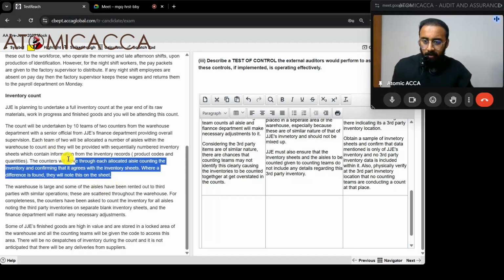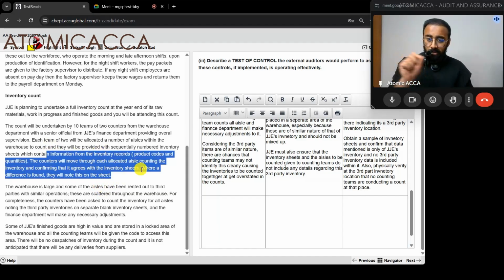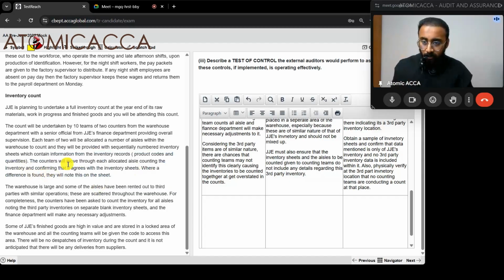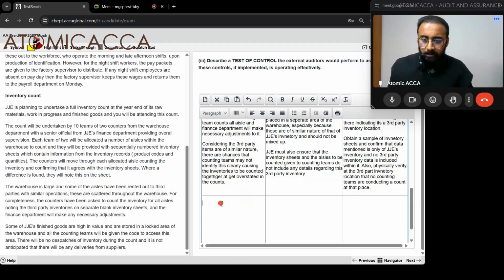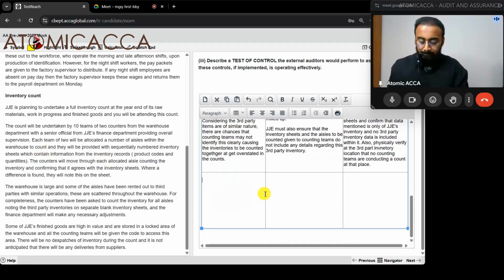Now one item we'll find from here was about the inventory records, and marking where a difference is found. The counters will move through each inventory, confirming it agrees with the inventory record, and where a difference is found, they'll note it on the sheet. Okay, we'll just rephrase it.